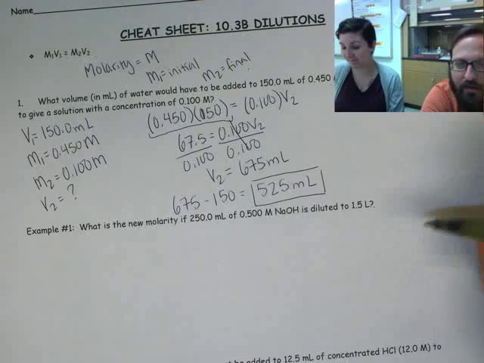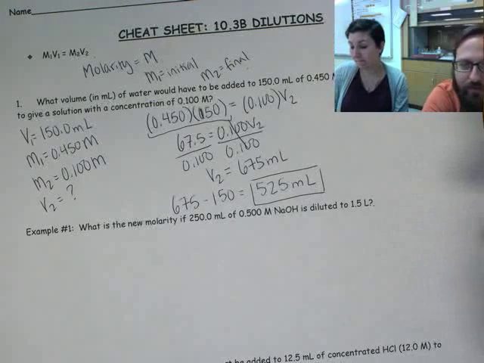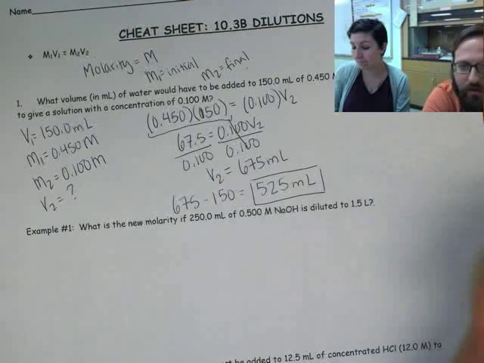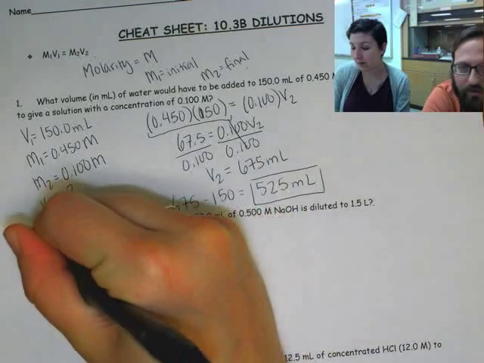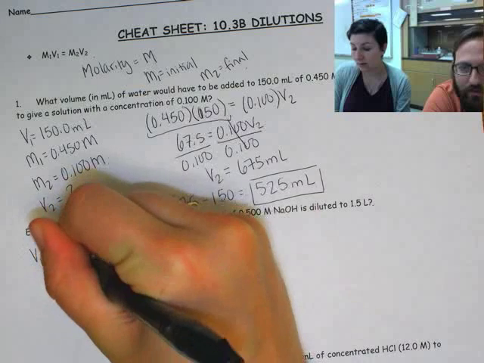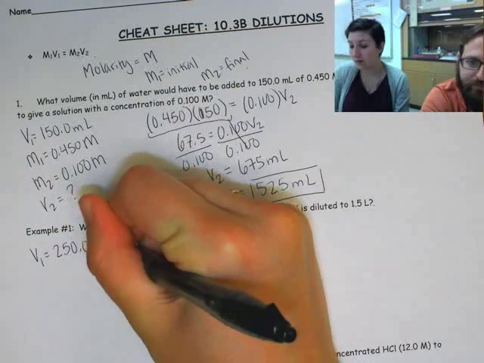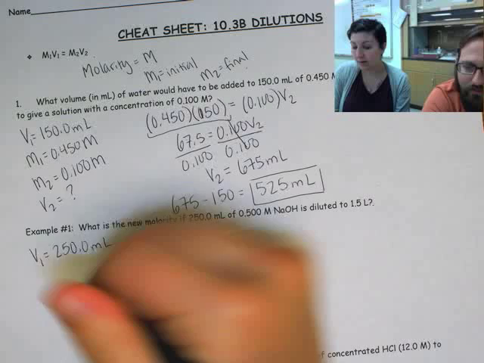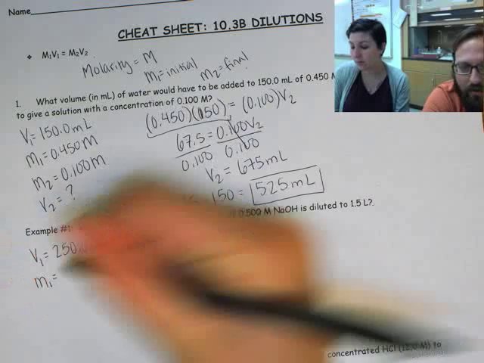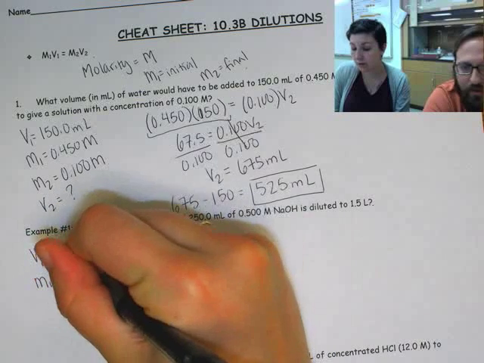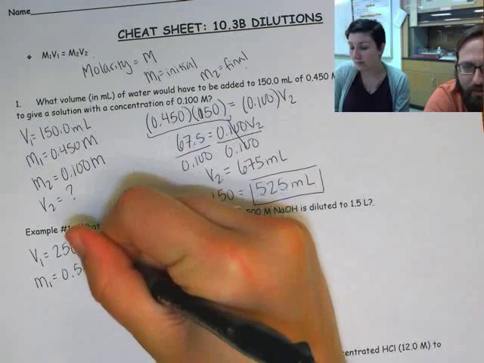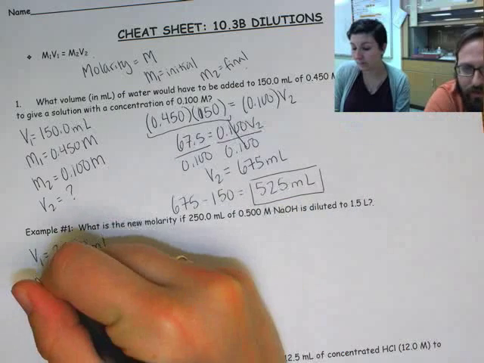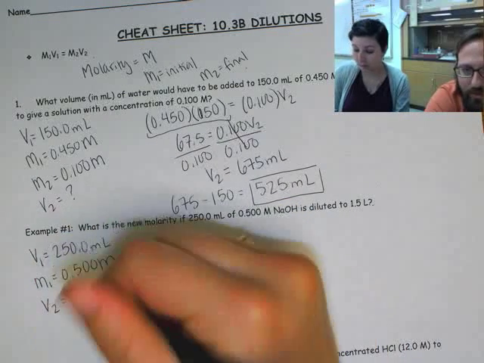We've got 250 milliliters, so that's our V1, and then our M1 is the initial concentration, the initial molarity. Then we diluted it, adding more water to make it 1.5 liters, so we need to make that into milliliters.